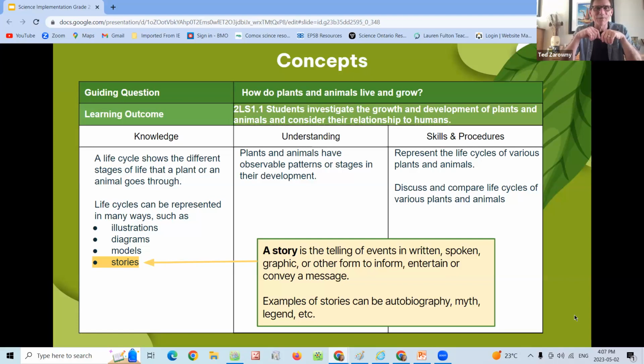I'll give you just a few moments to look at those and see if you can recognize which of those things in the guiding question, the learning outcomes, and the cusps are some of the concepts in this cusp of the organizing idea.